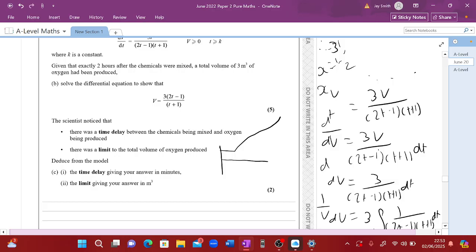The way to work that out is to consider when t is 0. And then v would be 3 over minus 1 over 1. Hang on, that's not right. Why is that negative?